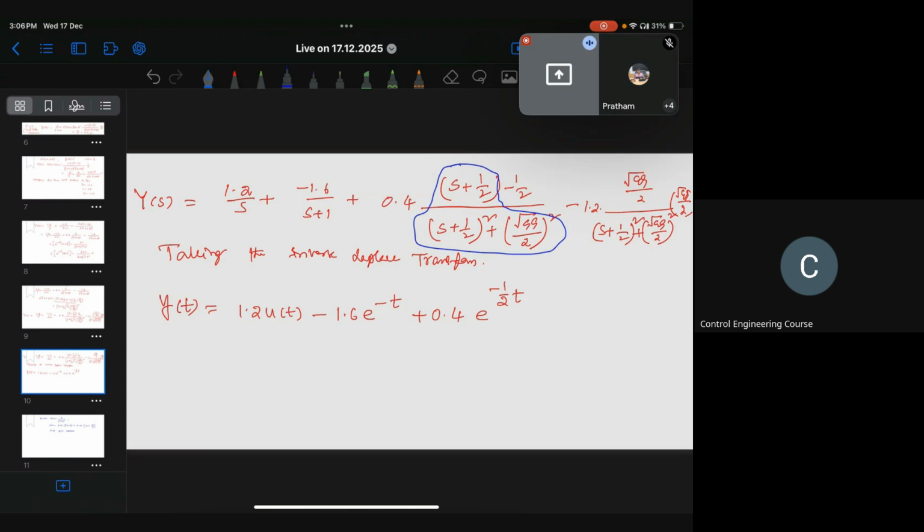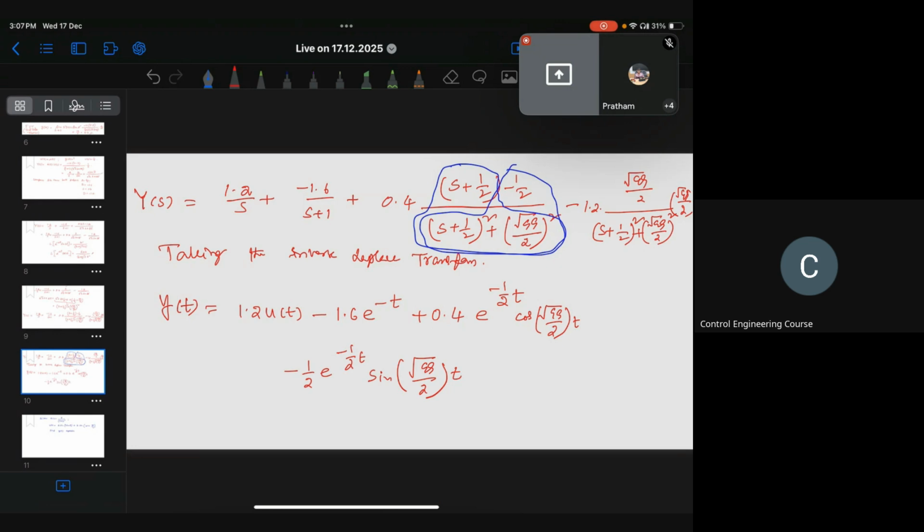Then this part is going to be cos root 99 by 2t, first part. Then the second part is minus 1 by 2 e power minus 1 by 2t sine root 99 by 2t.